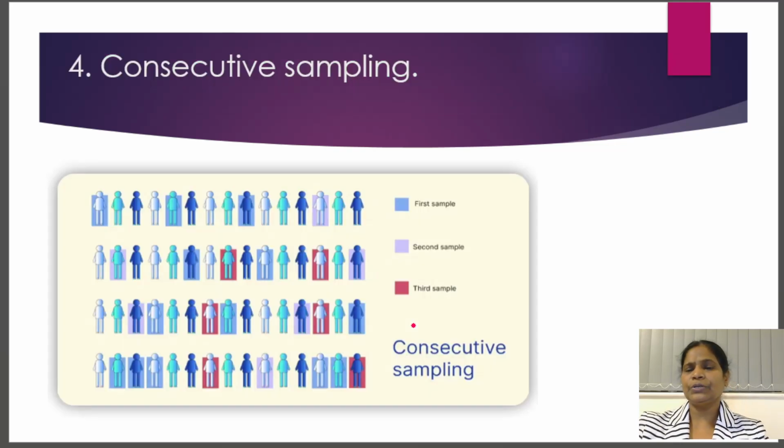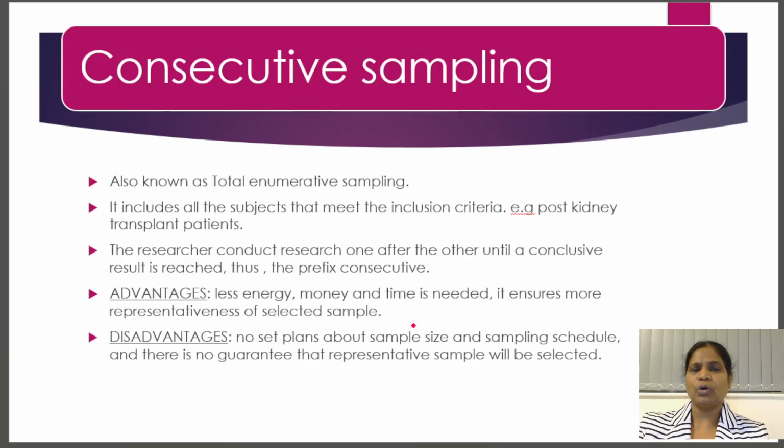Next, the consecutive sampling technique, also known as total enumerative sampling. It includes all the subjects that meet the inclusion criteria, for example, post-kidney transplant patients. Here, one after the other, the researcher will conduct the study.